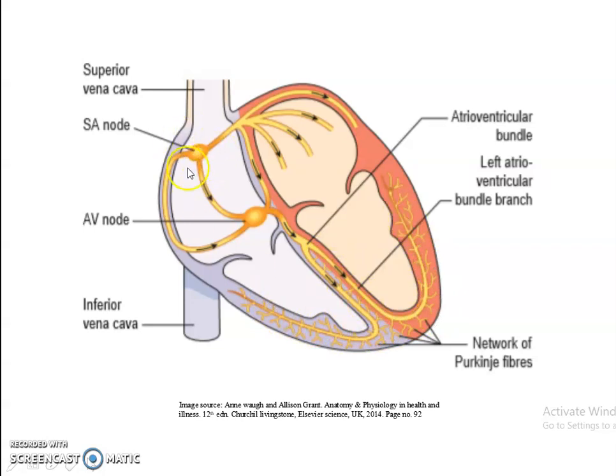The impulse generated in the SA node, which is also called the pacemaker, passes through these fibers, reaches the AV node, and through the left and right bundle and the Purkinje fibers, the impulse spreads throughout the heart muscle. So these structures together, we call the conduction system of the heart.